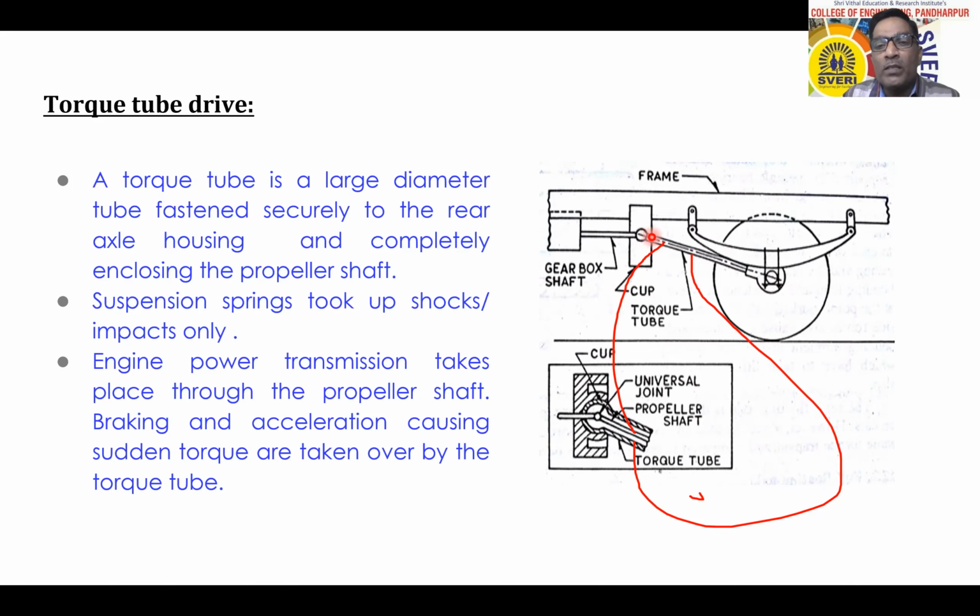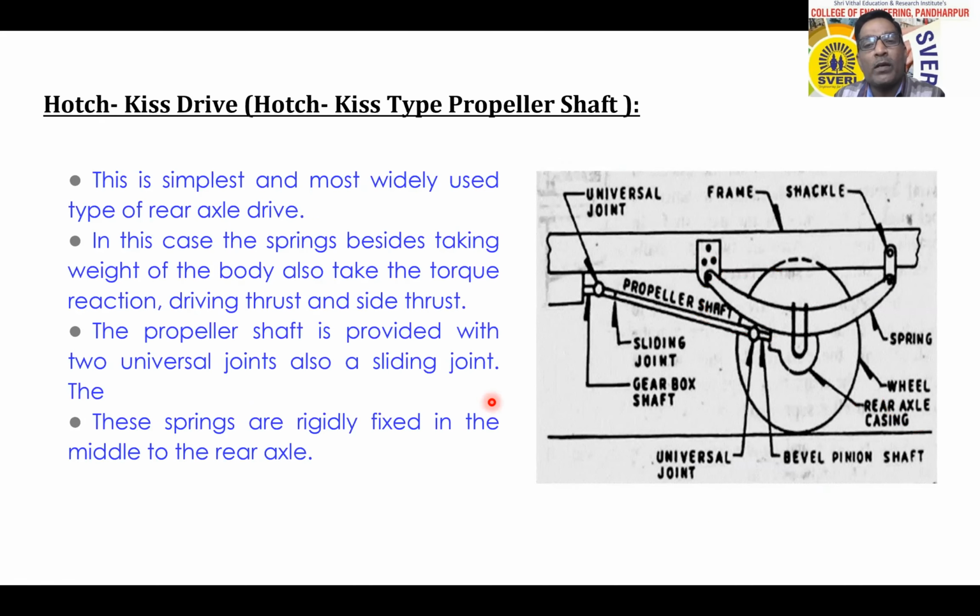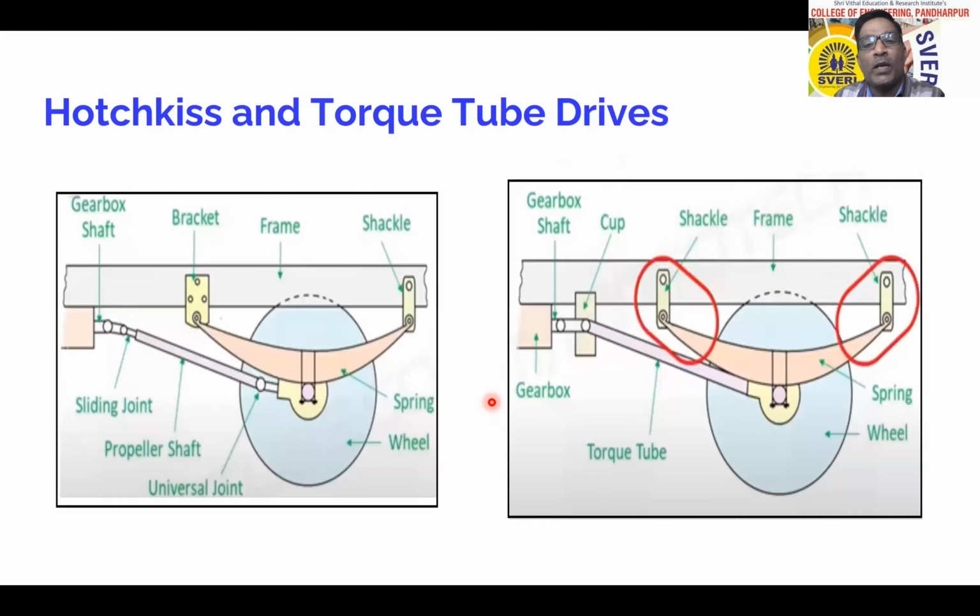So this is the tube which is connected to the cup, which is connected to the axle casing. That means this casing or this tube is going to take the torque caused by the braking and acceleration of the vehicle. So you can compare these two figures so that you will understand the difference between these two.